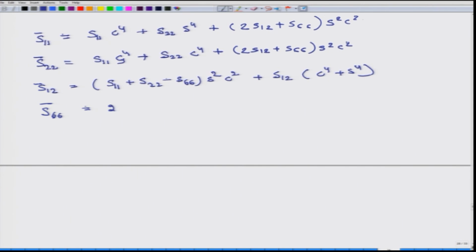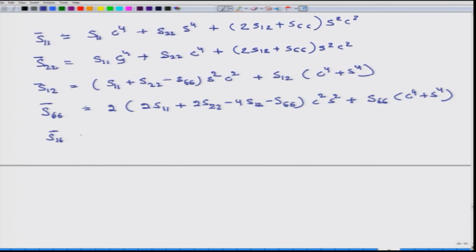bar is equal to twice of 2 S11 plus 2 S22 minus 4 S12 minus S66 cosine square sine square plus S66 cosine 4 plus sine 4.